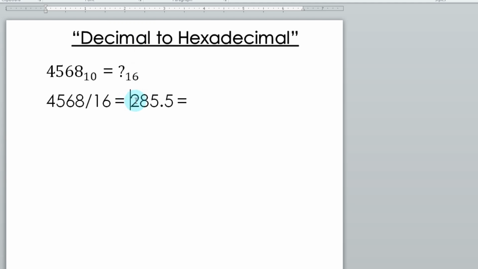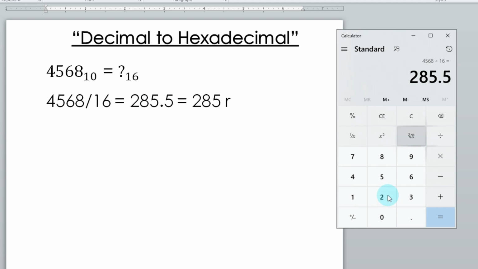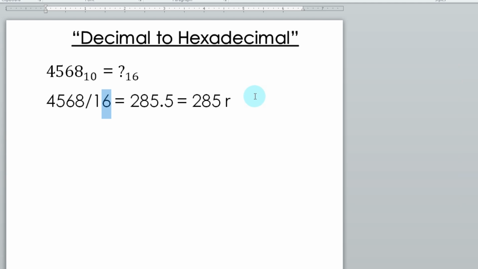The whole number here is 285. To get the remainder, we simply multiply 0.5 by 16, and we get the remainder, which is 8.